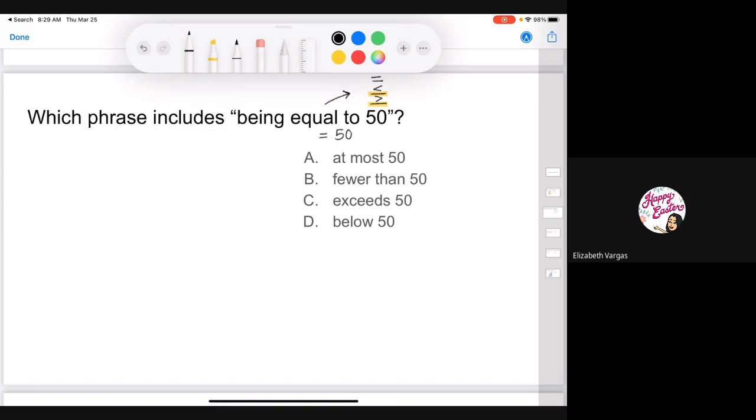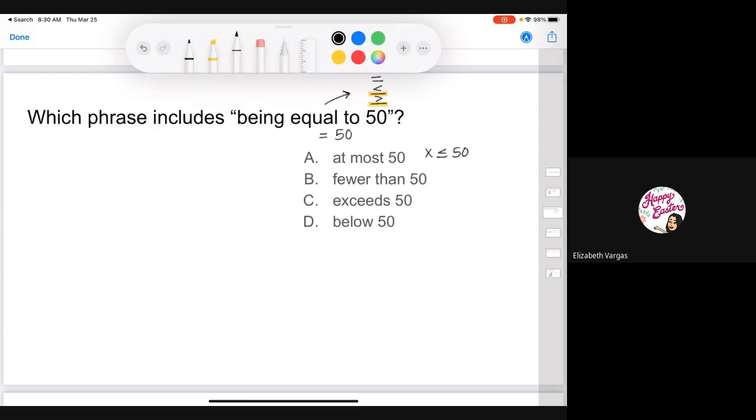Okay. This first one says A is at most 50 degrees. So at most, let's say X is at most 50 degrees. At most means that X can be less than or equal to 50 degrees. So at most means 50 is the maximum. It can be exactly 50 or it can be less than 50.